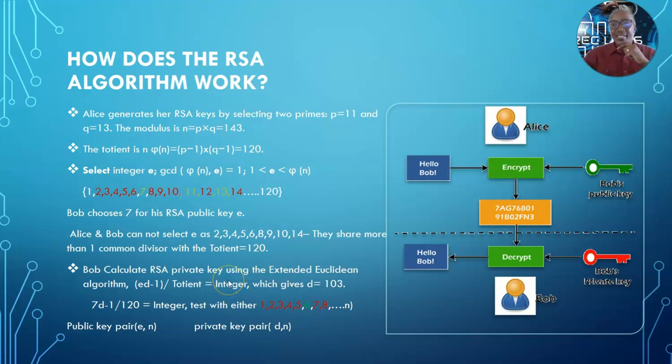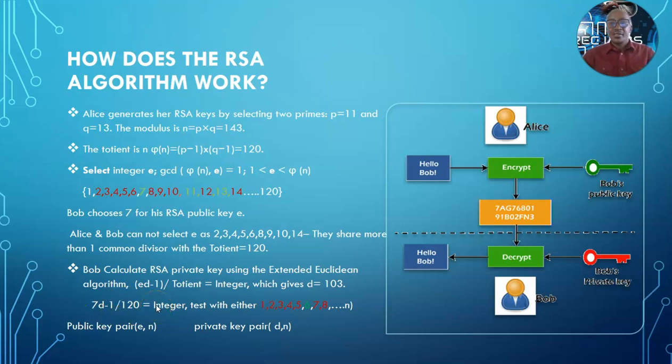I'll try to summarize it here. We are saying that e times d, where e is the key that was selected, that is 7, so 7d minus 1 divided by the totient, should give you an integer, a whole number. So you do the substitution: you put 7d here, minus 1, divided by 120, should give you an integer.